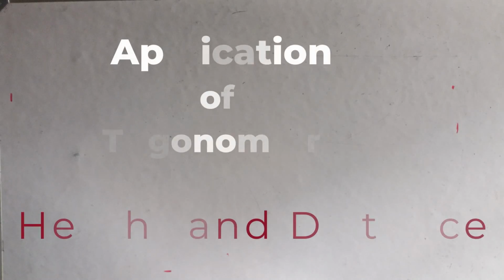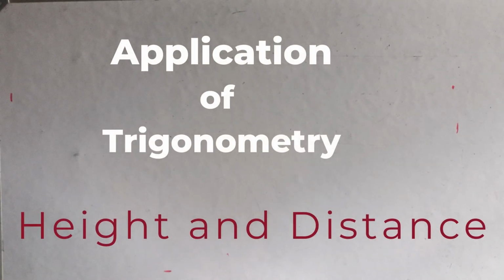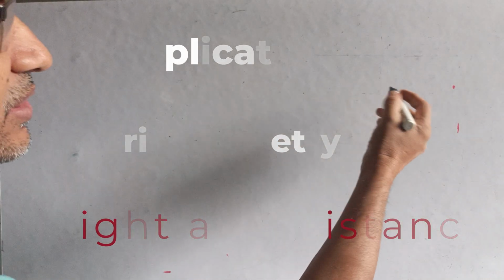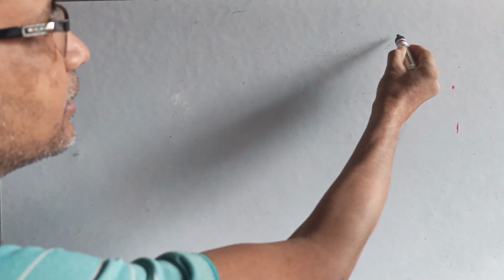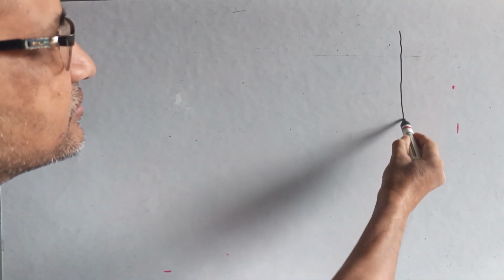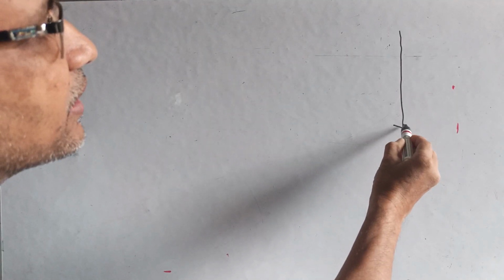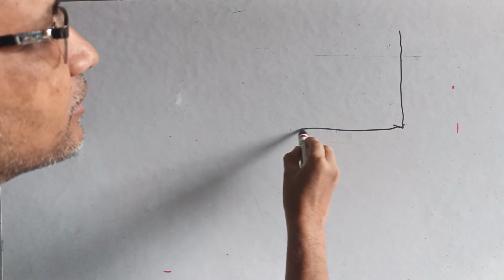So this chapter is the application of trigonometry, and it is also called the height and distance problem. This chapter is based upon the Pythagoras triangle, and you know that the Pythagoras triangle is a triangle with a right angle.